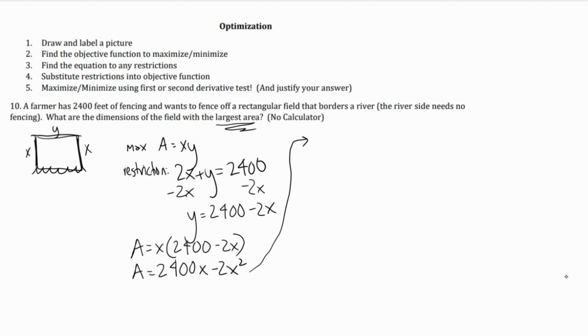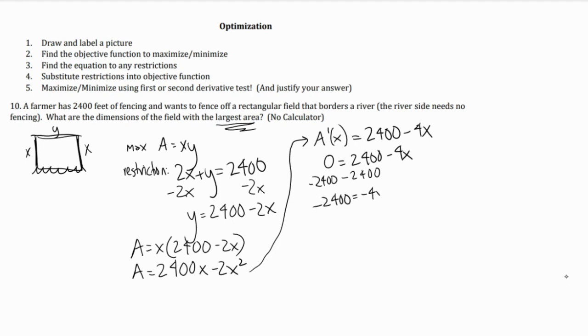The derivative of A, we'll call A prime of X, is equal to 2,400 minus 4X. Critical points: set your derivative equal to 0 and solve. You'll notice that I only have one candidate. Negative 2,400 is equal to negative 4X, divided by negative 4. I get X is equal to 600.